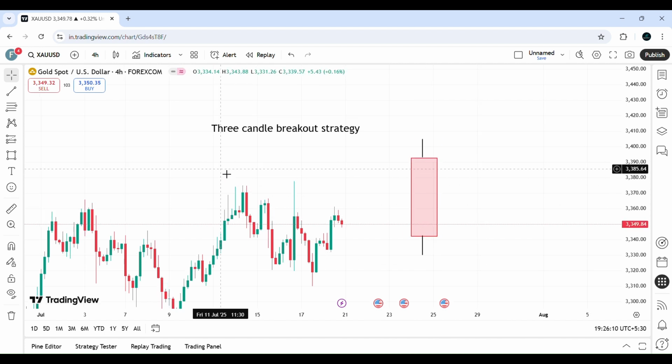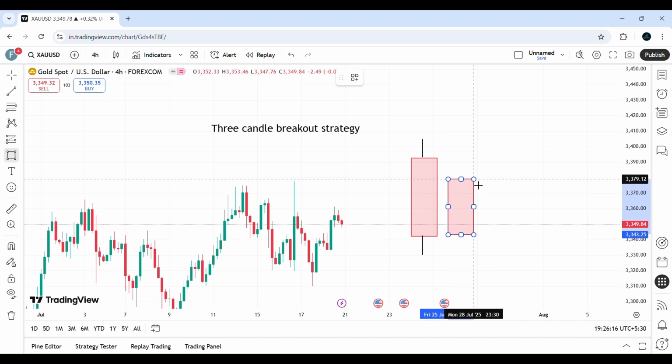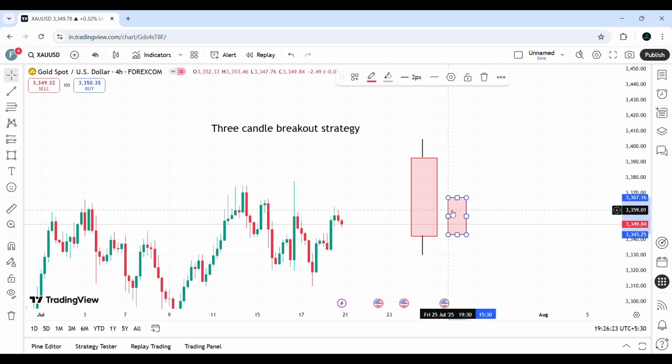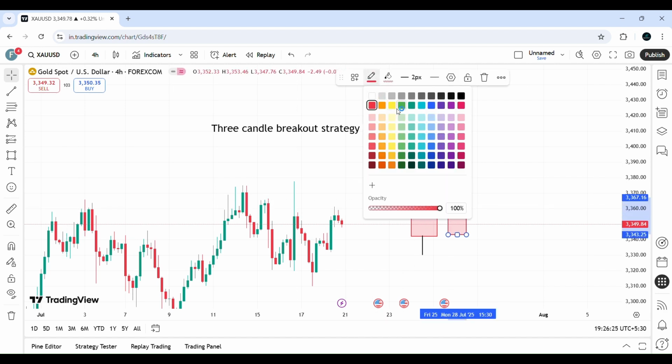So our concept is basically it takes more than two candles, at least three candles to break this candle, that is candle number one. It takes three bullish candles.